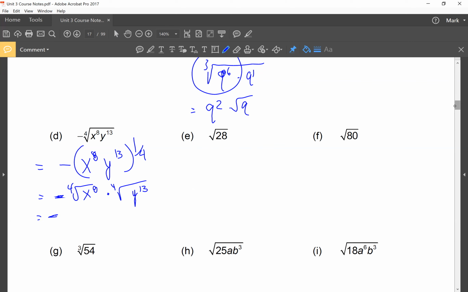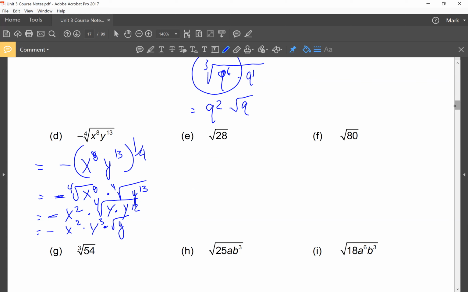And I need to think of a number that's going to work for y. So this will be x squared. But what do I do with the y? Well, I'm going to remove one of the y's. So this will be y times y to the 12. And what I end up getting is negative x squared times y cubed, right? I can divide the 12 by 4, times the fourth root of y.